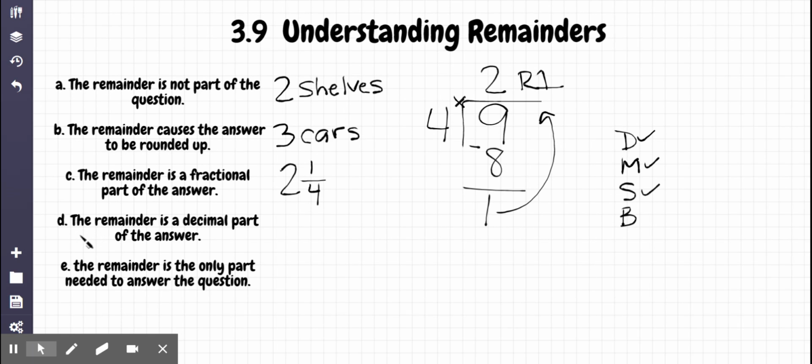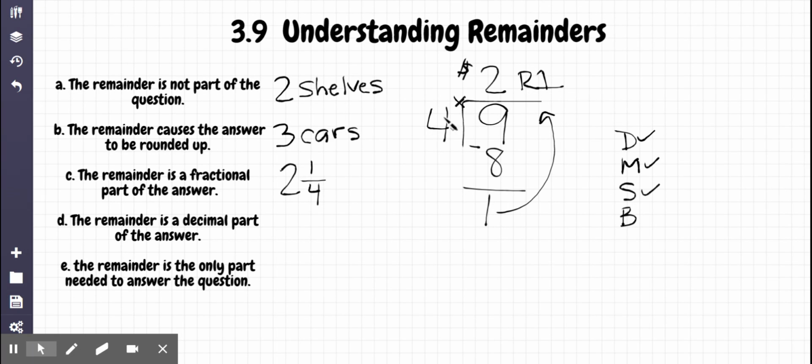Another way that a remainder could be used is if it is a decimal in the answer. So decimals and fractions go together, which we haven't learned yet, but we'll go through it today. So part D, it says Raul bought 4 cars for $9. So $9, he got 4 cars, and it wants to know how much did each car cost. Well, 2 remainder 1 doesn't really tell us what that means, but if these are dollars, $9, 4 cars, that means that this is $2, and then what does this 1 mean?